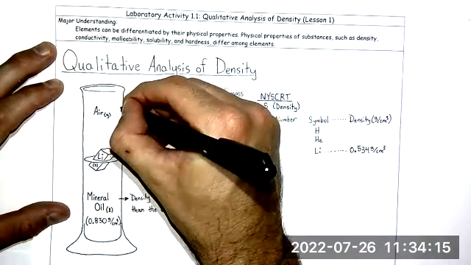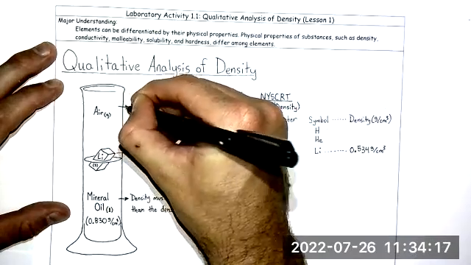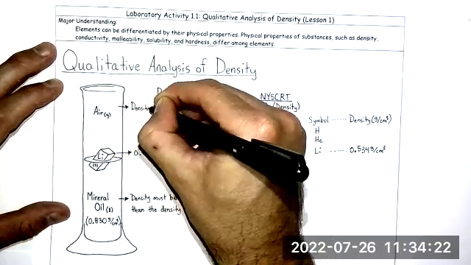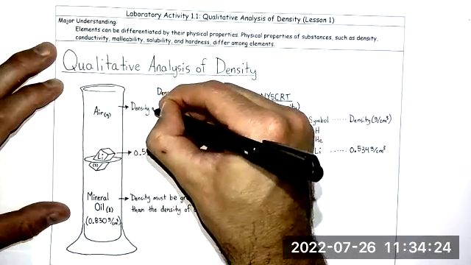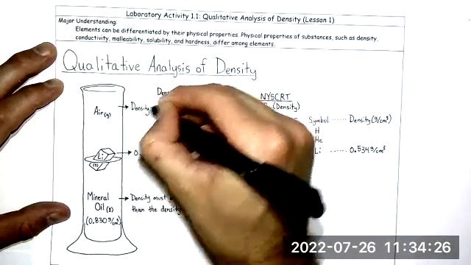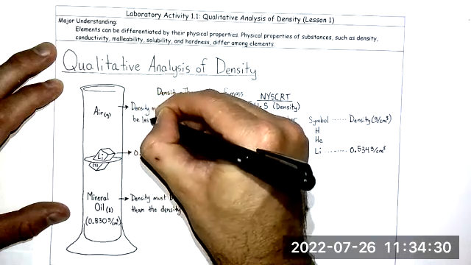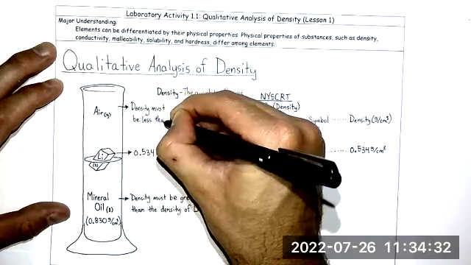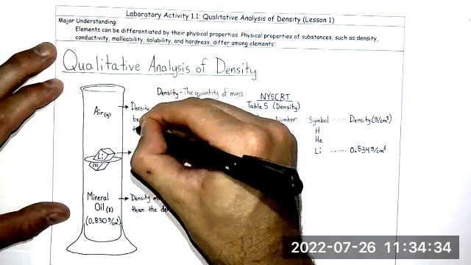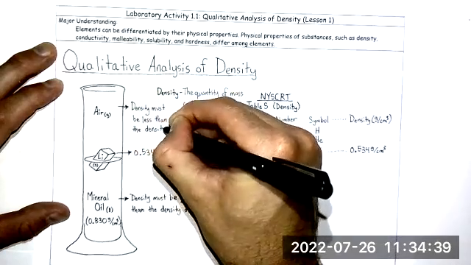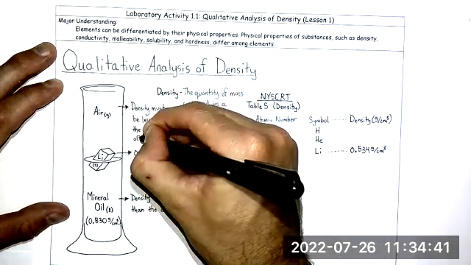So air's density must be less than the density of lithium.